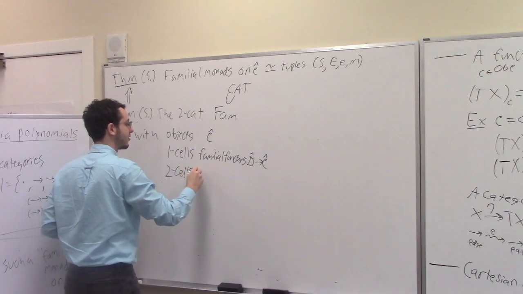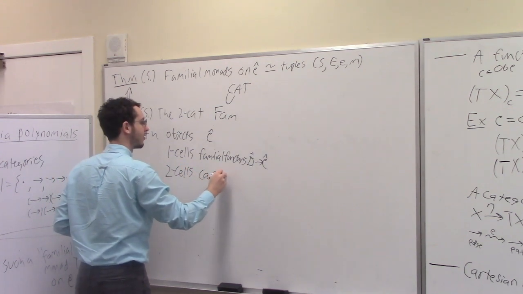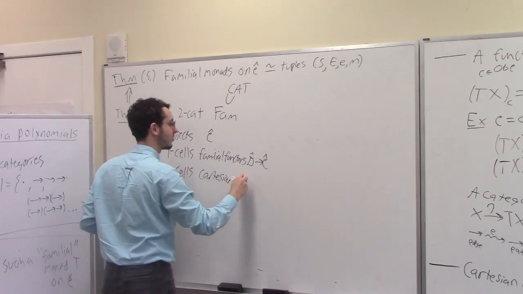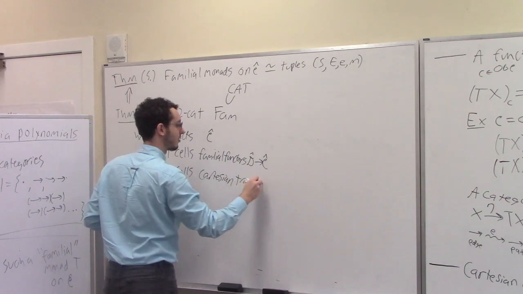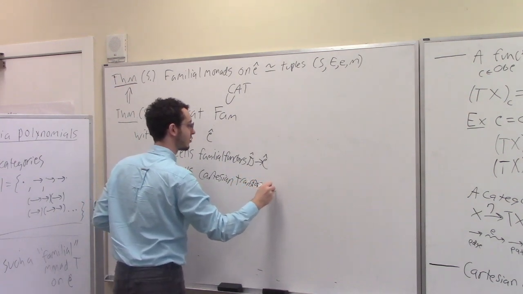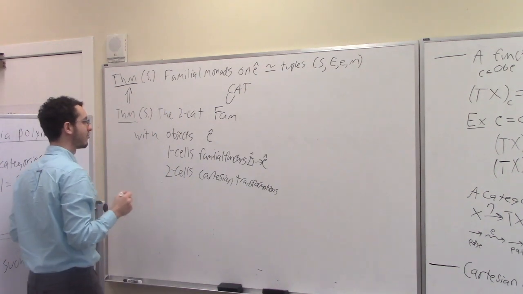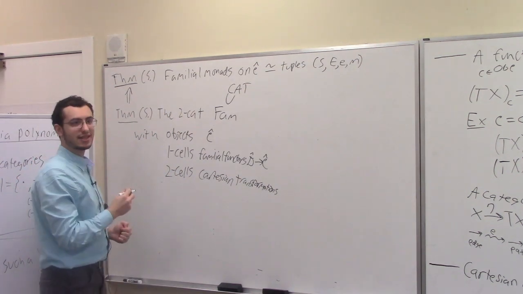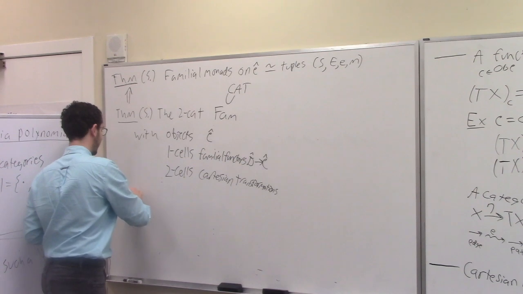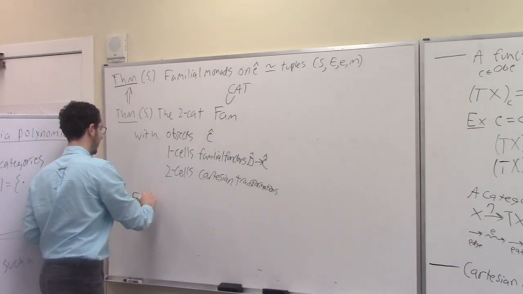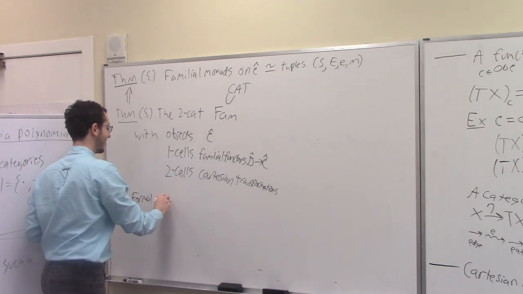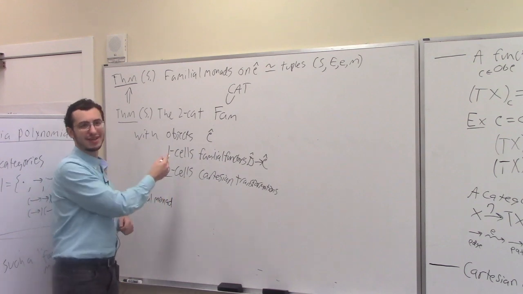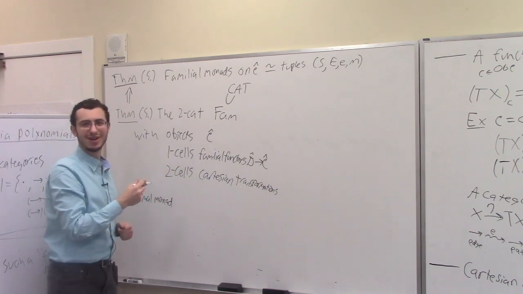And 2-cells are Cartesian transformations. And in particular, in this category, a formal monad, by which I mean a one-cell with the same source and target endowed with.